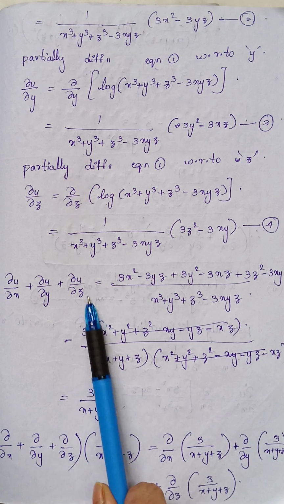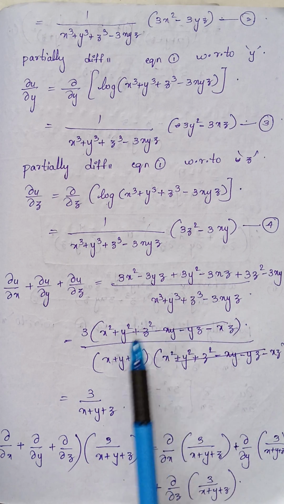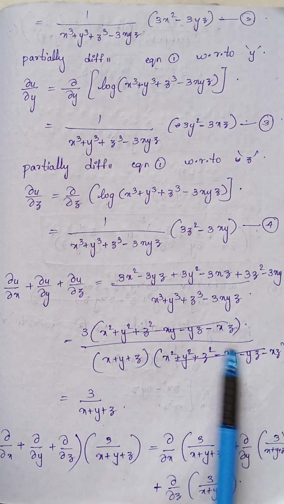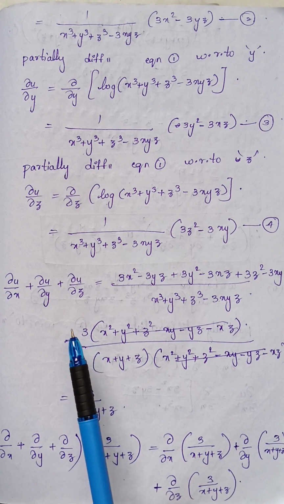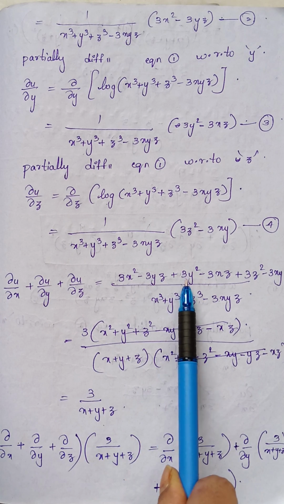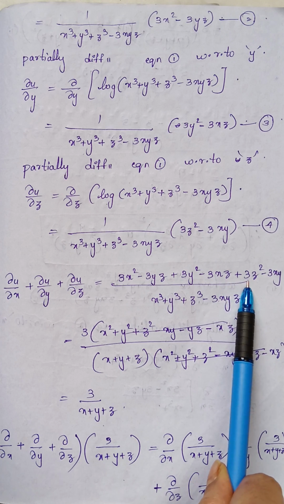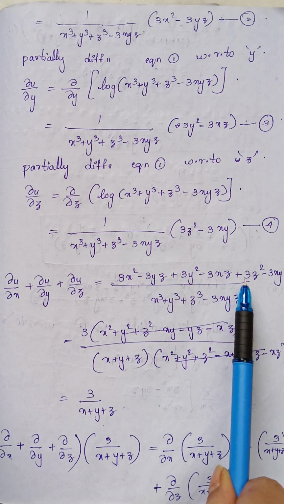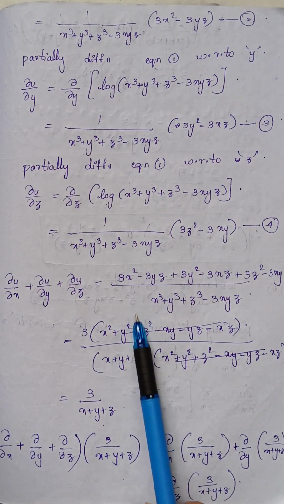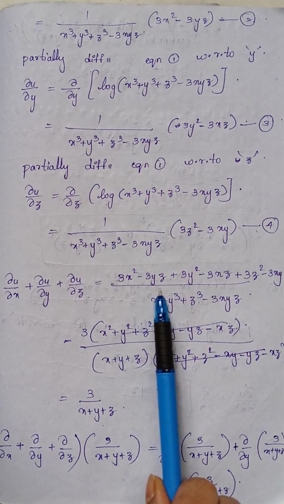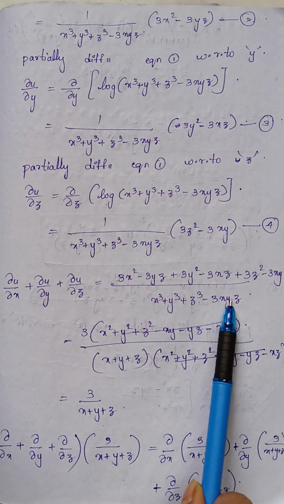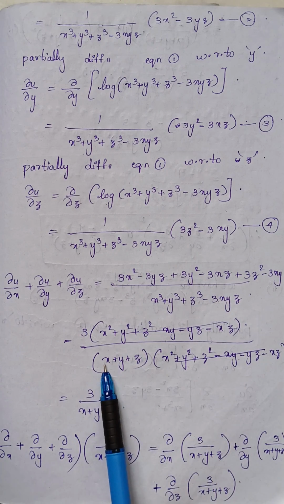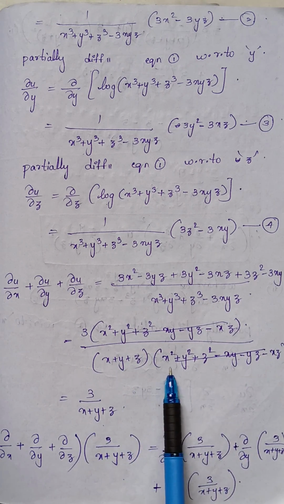Now adding all this, what will happen? In the denominator, the same term is there, and in the numerator, when you take 3 common, then x square plus y square plus z square, again minus xy minus yz minus zx. Also we have one formula for this: x cube plus y cube plus z cube minus 3xyz is nothing but x plus y plus z into this part.